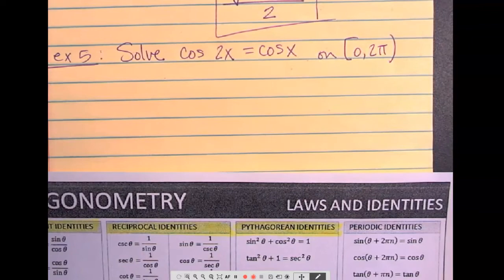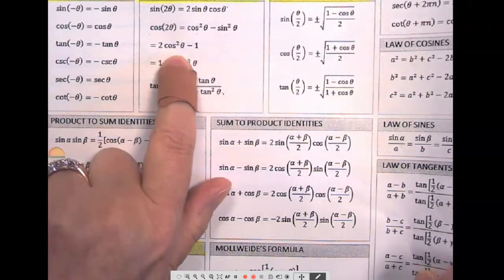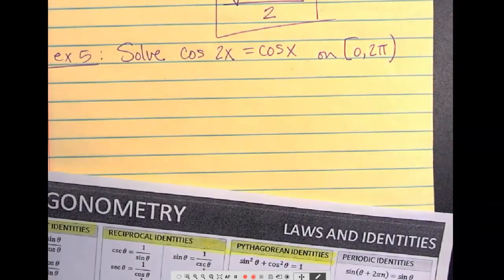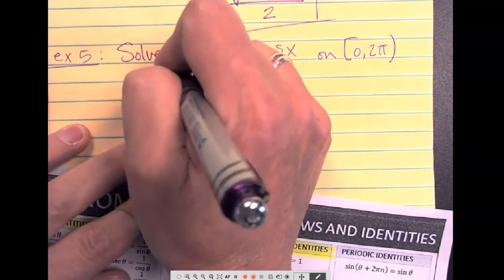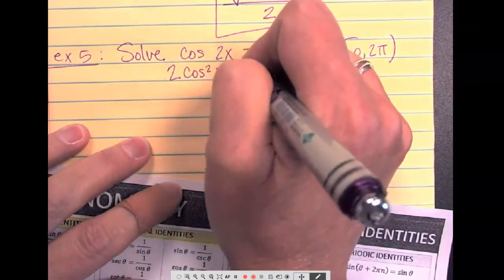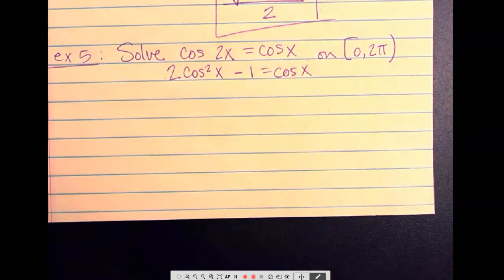Okay? All right, so on the left, I am going to replace it with this 2 cosine squared minus 1. And I'm going to stick with x's this time. I'm not going to switch it up. 2 cosine squared x minus 1 equals cosine x. Okay, so what I accomplished is now I just have cosines.